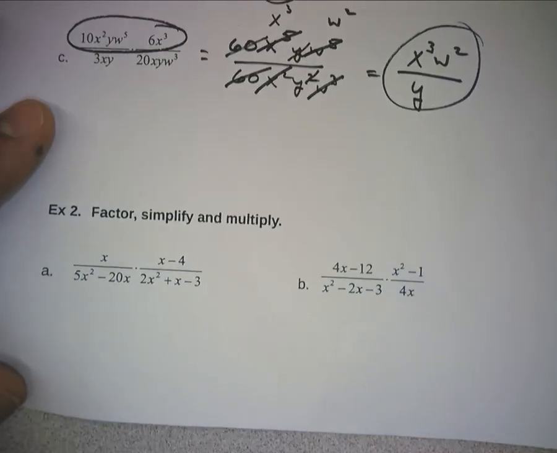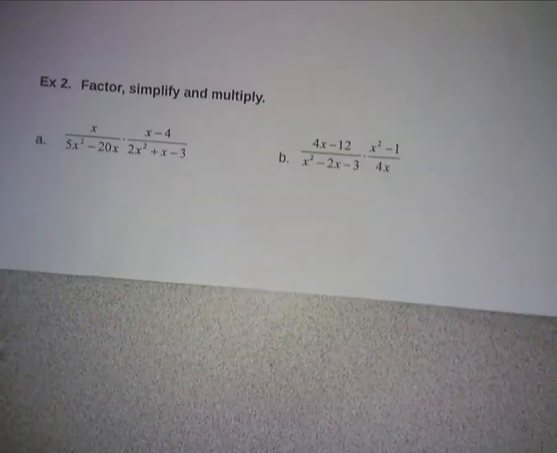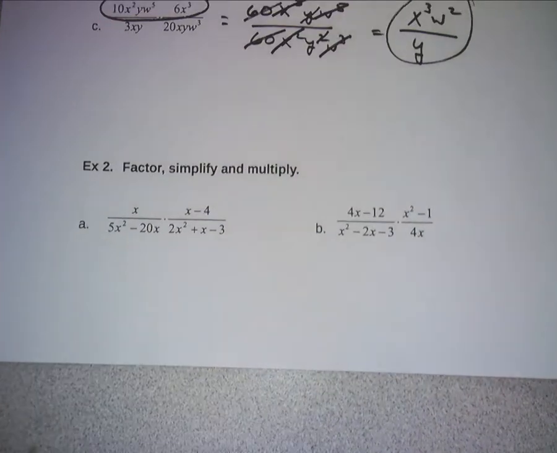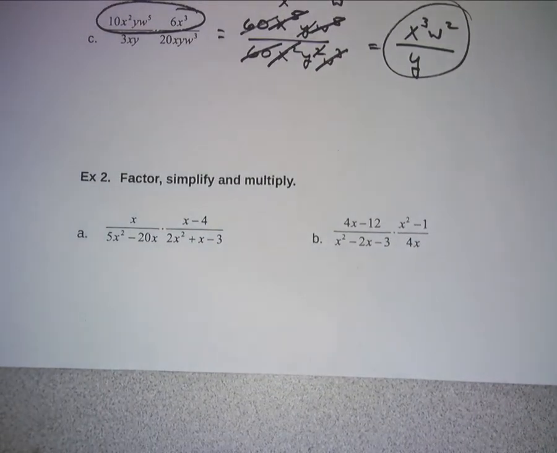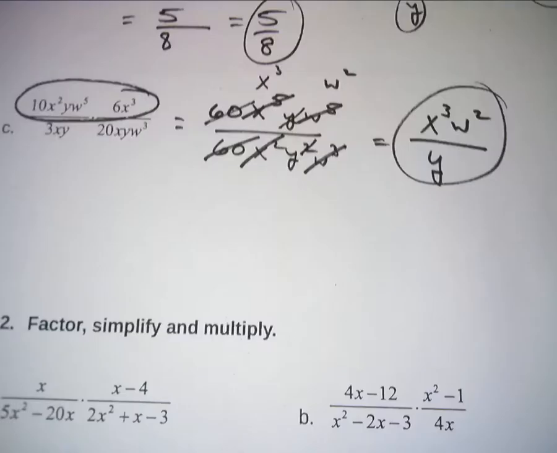All right, so we take a look at number 2. Now we start seeing some monomials turn into binomials and trinomials here. Okay, so hopefully that's nice and clear for you guys. Let me try to zoom in just a touch more.